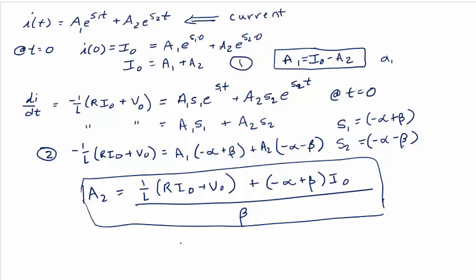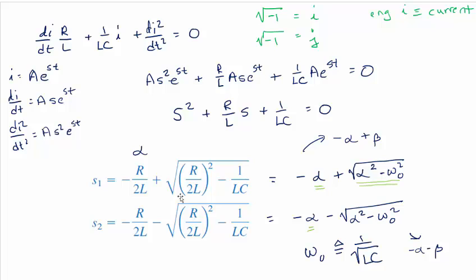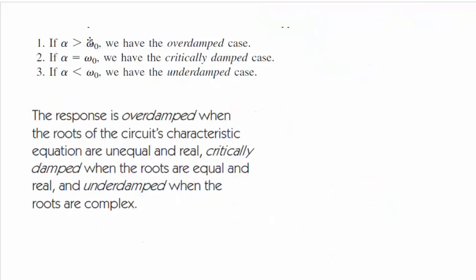The question really comes down to the nature of these roots S1 and S2, and where they fall under these different conditions. So let's show an example for the first case, the overdamped case.